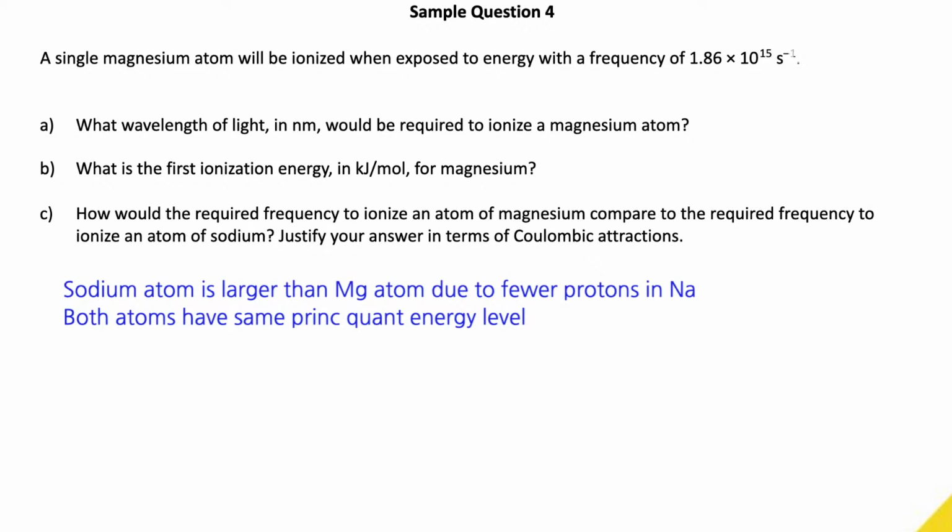It doesn't matter which one you want, right? So the valence electrons for sodium are further out because it has fewer protons. Okay, we know it's going to take less energy to ionize sodium.